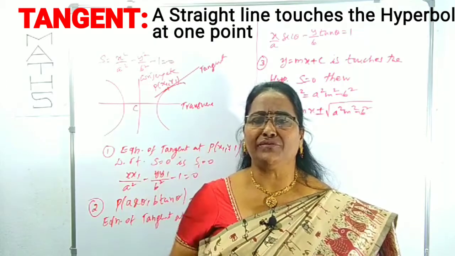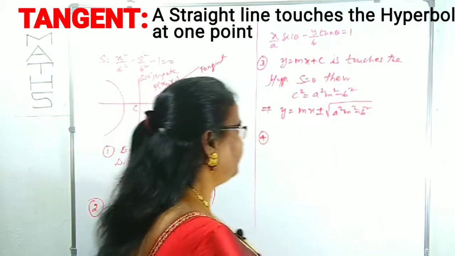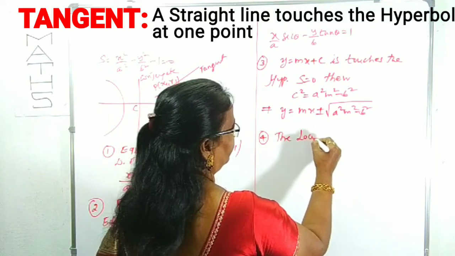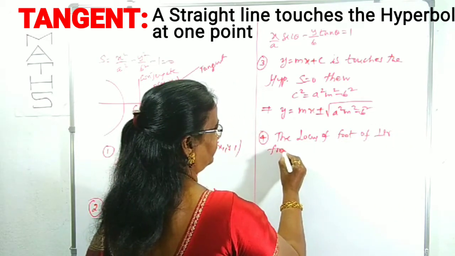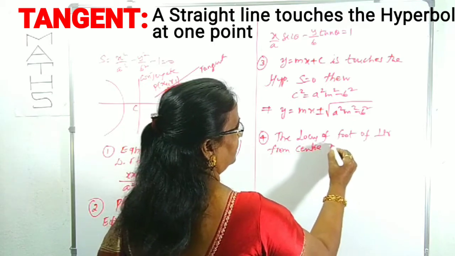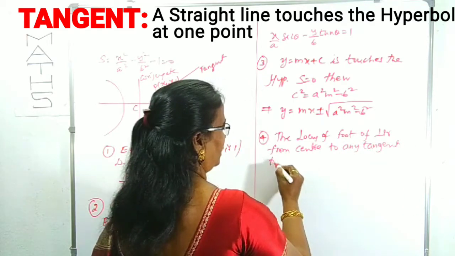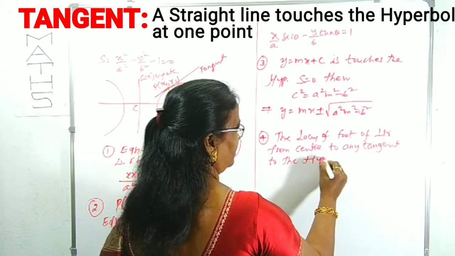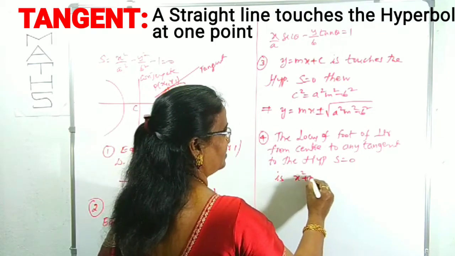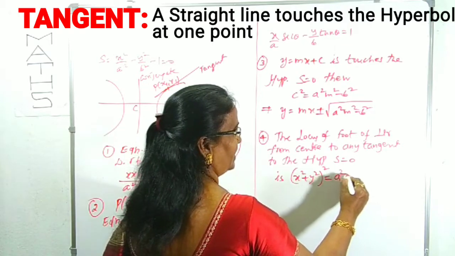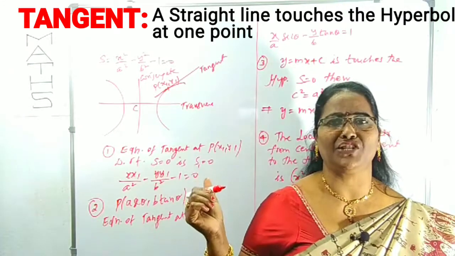The locus of foot of the perpendicular from center to any tangent to the hyperbola S = 0 is simply, how to remember, (x² + y²)² = a²x² − b²y². Okay, this is one of the applications of tangent.